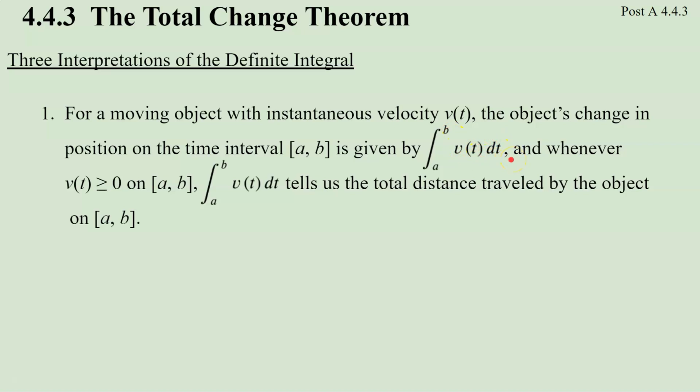Make sure that makes sense. And whenever velocity is positive on the interval, that integral also tells us the total distance traveled by the object on that interval. Pause, make some sense out of that statement. If that doesn't make sense, reach out to your teacher and get some clarification.